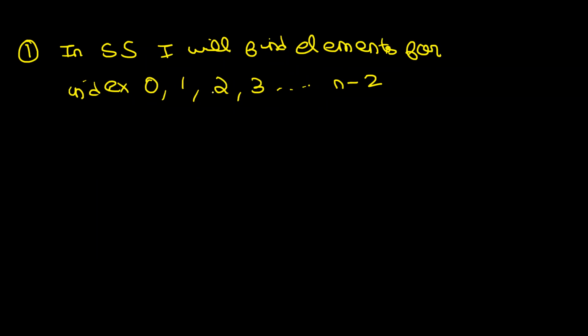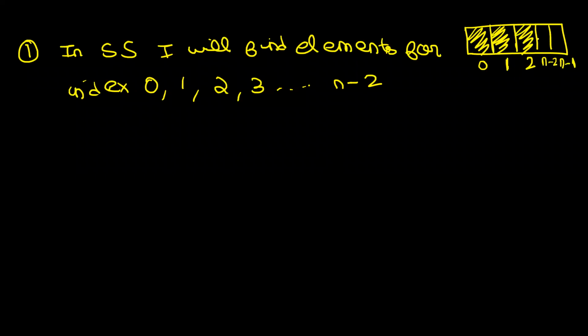First is select the indexes. And what are the indexes that I'll be selecting? From index 0 till index number n minus 2. Boss, if you have an array of size n, first you select index 0, bring the correct element here. Then you select index 1, bring the correct element here. Then you select index 2, bring the correct element here. This is index number n minus 1 and this is index number n minus 2.